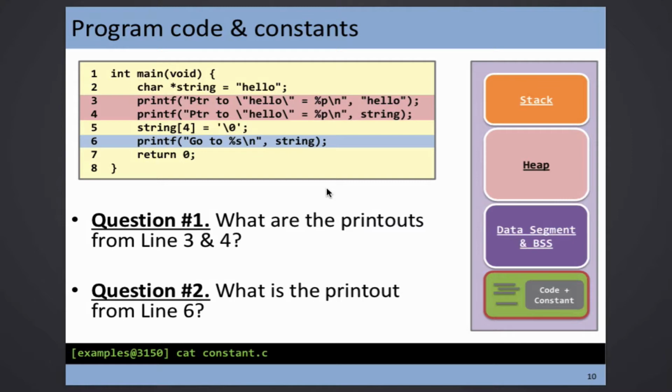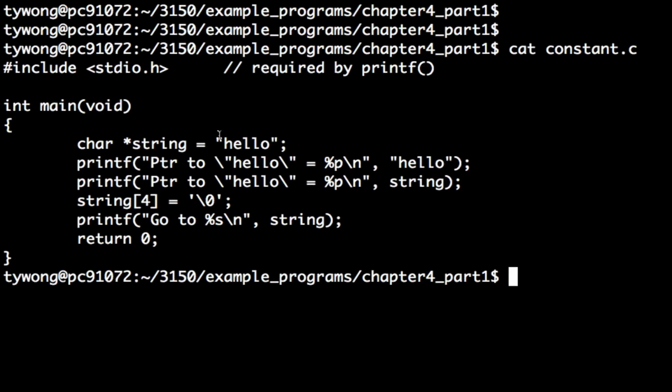That means I go to the 5th slot, 0, 1, 2, 3, 4, and try to modify it. By the program, the string pointer points to a string constant. It is supposed to be a constant, so I shouldn't be able to modify this, right? But the compilation, I pass. How about when I run it?